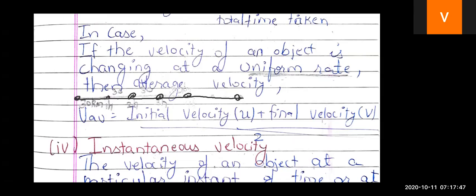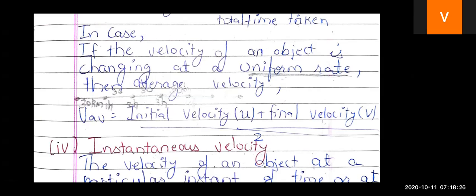So here the time interval is 1 hour, right, children? So for 6 hours the car is moving. Here in each hour slot, the car is moving a distance or a displacement of 30 kilometers. So it's equal, right? So it is changing uniformly. When it is uniform, it's equal in every hour.